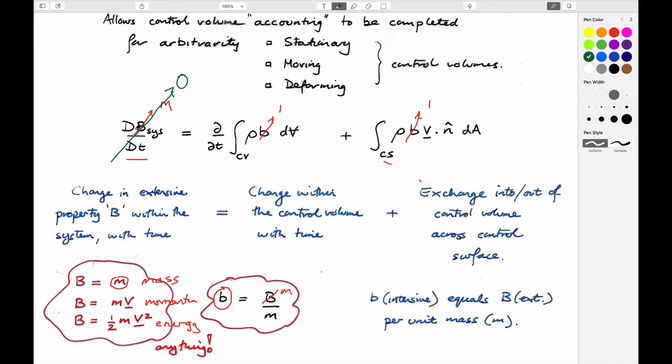And so there is no net mass change within the universe. So this term is always going to be 0 for this system we look at. So this will be equal to 0. And these two represent components. This is mass rate in minus mass rate out equals accumulation.